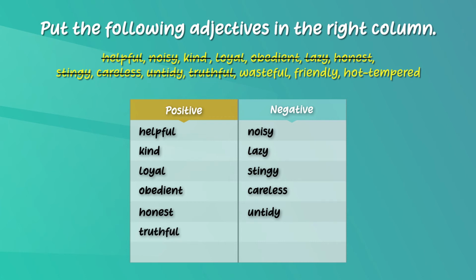Okay, wasteful? That is a negative one. Friendly? Yes, being friendly is a positive quality. Then hot-tempered? Again, that is a negative quality. So I hope you could get all these correct.